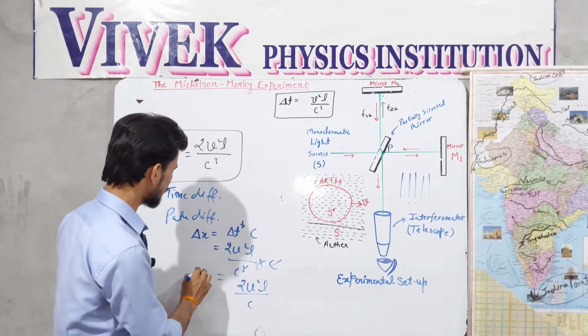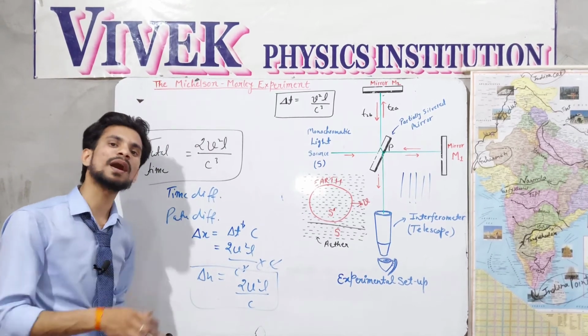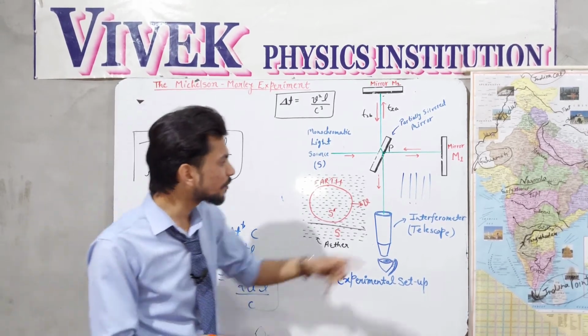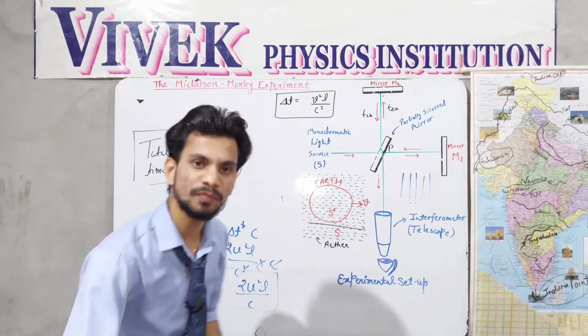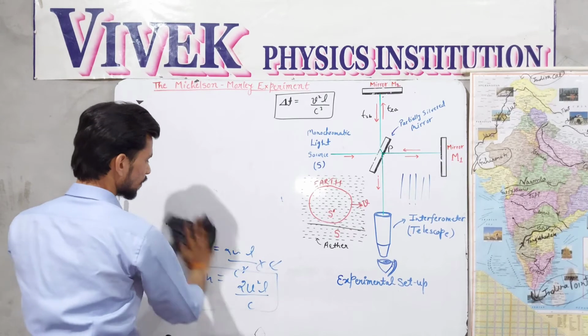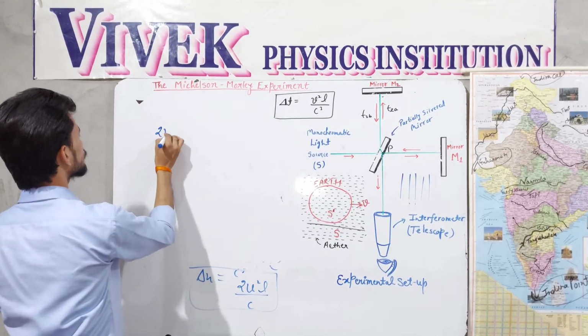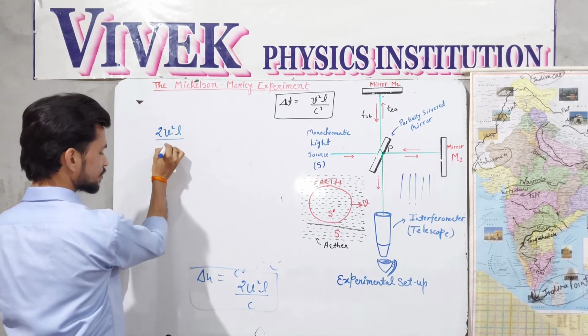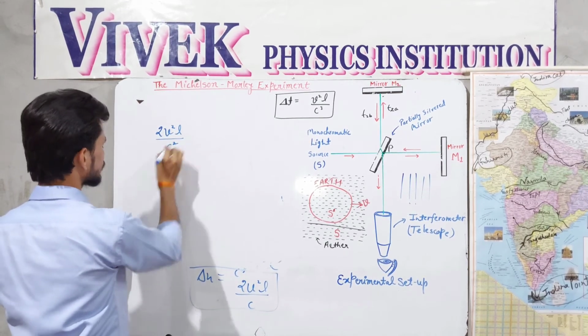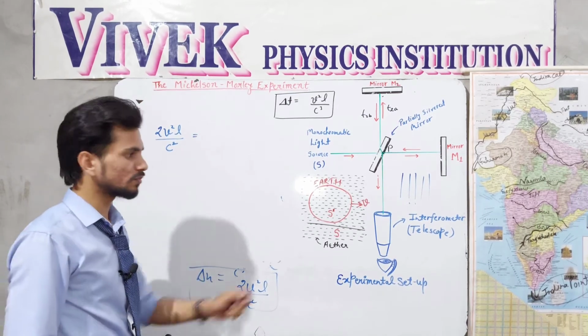Up to now we have the path difference, and that path difference should equal the fringe shift. So let me put this complete path difference, 2v square L upon c square, equal to the fringe shift.